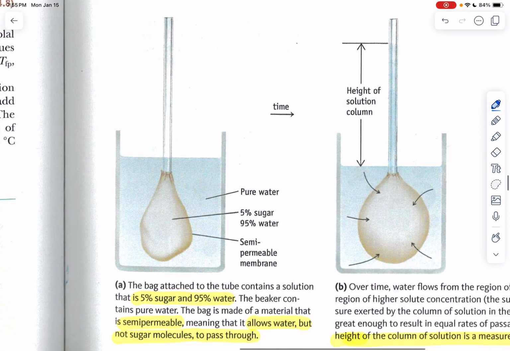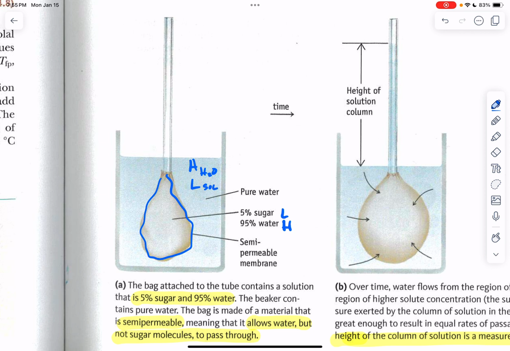here we have a high concentration of water that is inside the membrane. And this is the membrane right here. And we have a low concentration of water. On the outside, we have a high concentration of the water, and we have a low concentration of the solute.